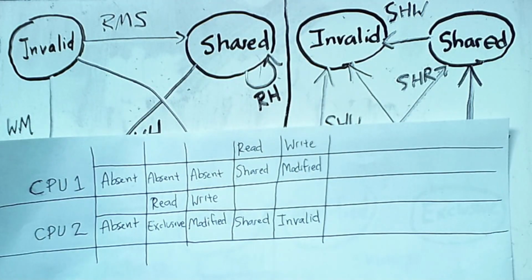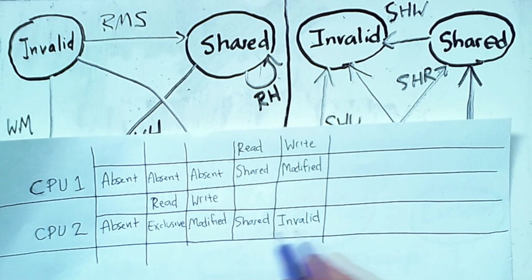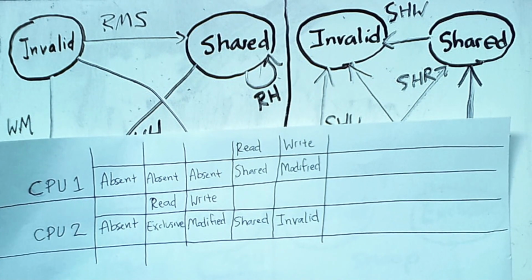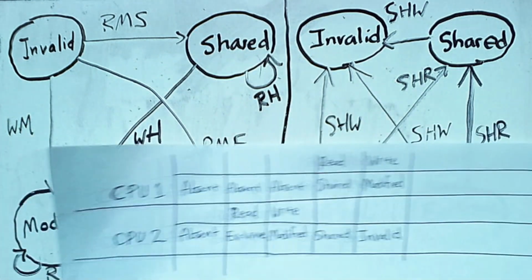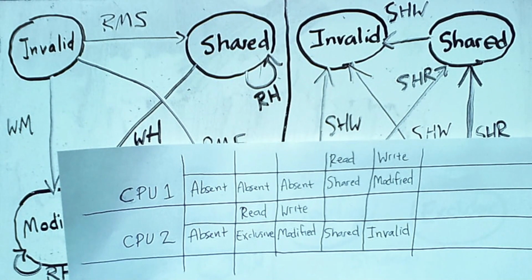Now, even though this data is now invalid in CPU 2's cache, CPU 2 could still issue a command that says set the data in that cache line equal to a brand new value. And so that would result in a read with intent to modify, which registers as a write. So that is a write miss.